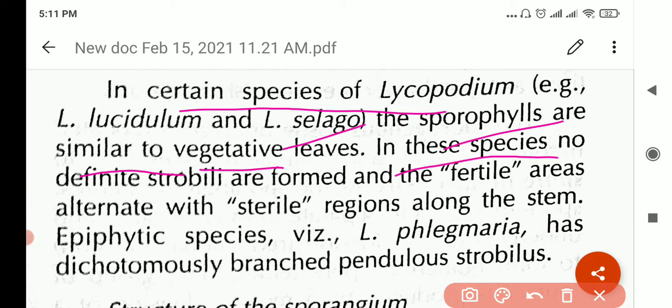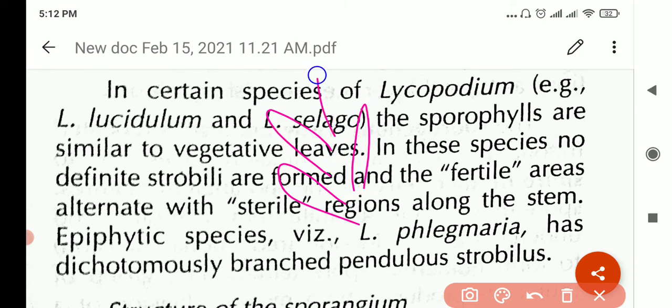When the cone is formed, the fertile areas will alternate with the sterile regions. Because these are the same looking leaves, if it has a sporangium, it means it's fertile, and if it doesn't have, it means it's sterile. And they will alternate.